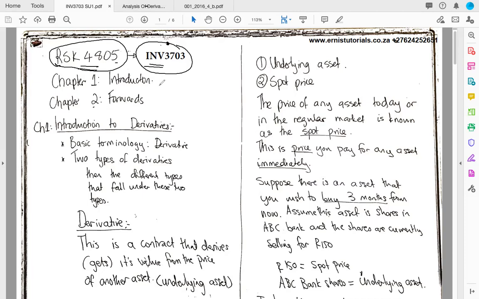So in this class, I'm going to take you through chapter 1 or study unit 1, which is an introduction to this module, an introduction to what derivatives are all about, right?